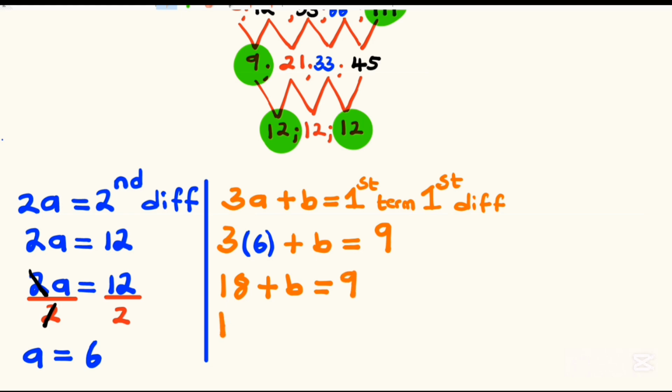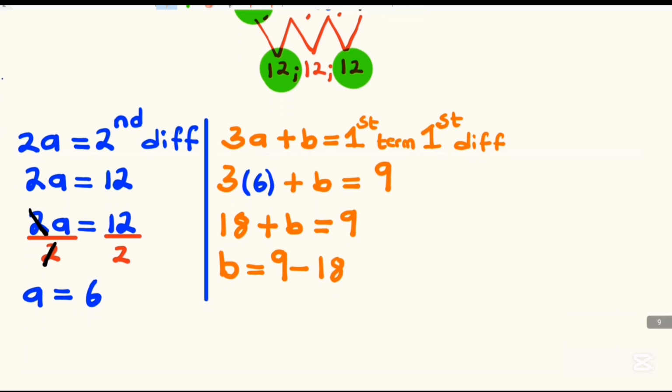We move the 18 from the left to the right. It will change sign to negative 18. So b is equal to 9 minus 18. 9 minus 18 is equal to negative 9.